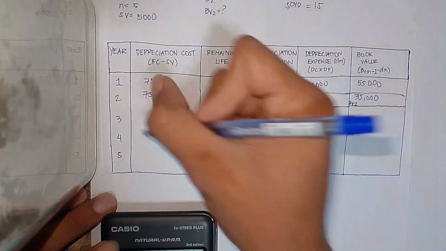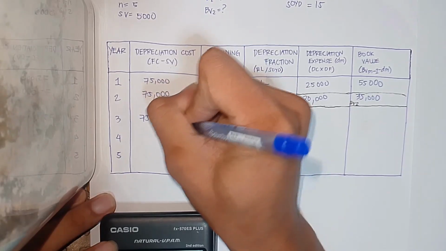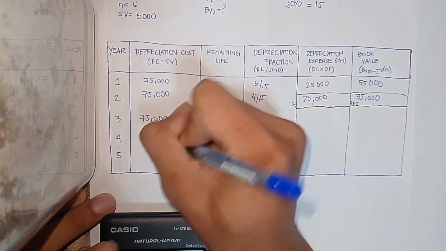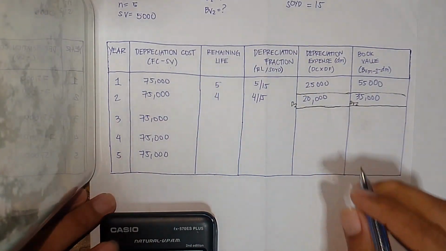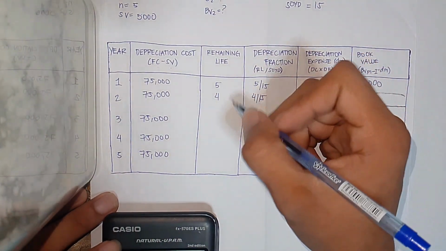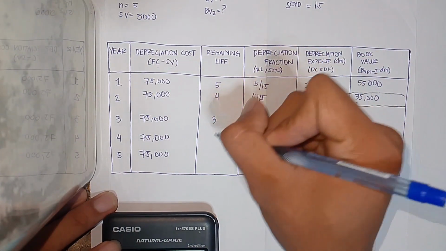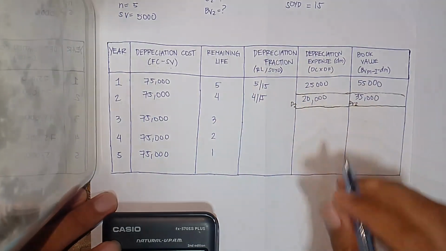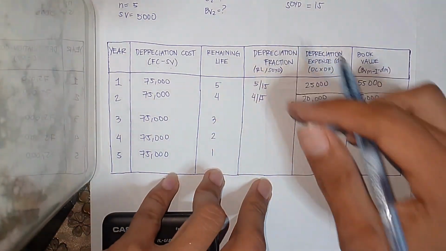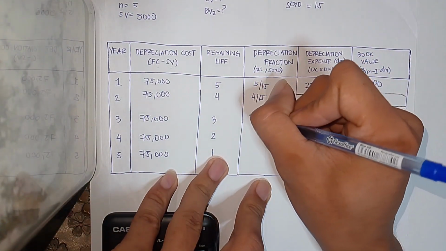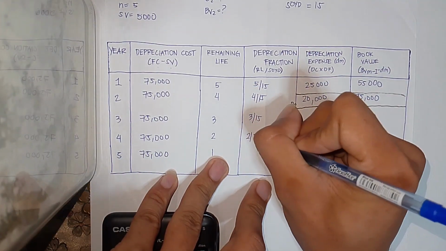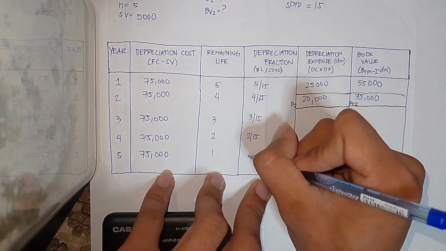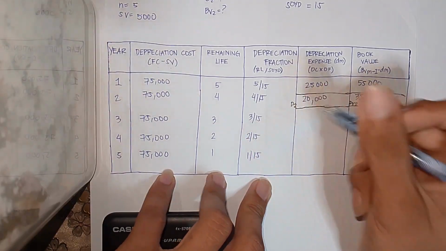Same depreciation cost, 75,000. Now our remaining life is 3, 2, and 1. So the fractions are 3 over 15, 2 over 15, and 1 over 15.